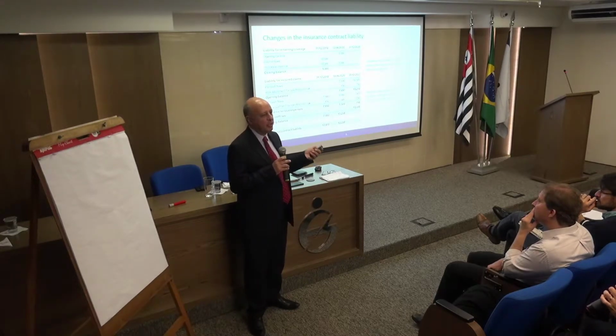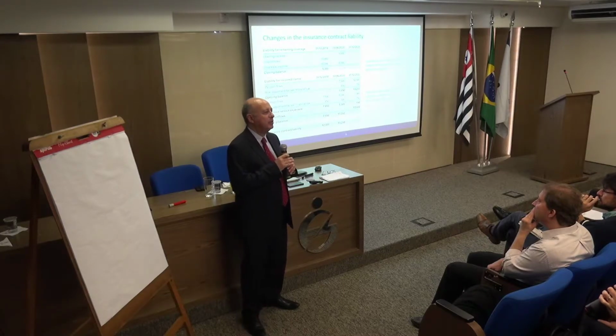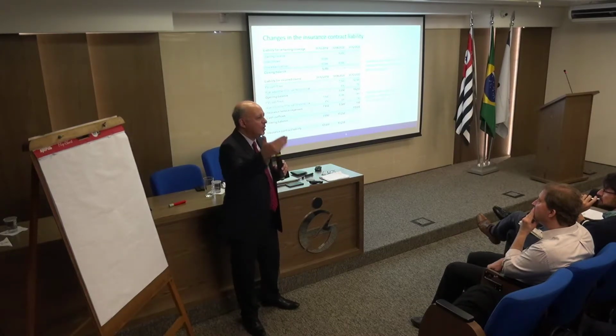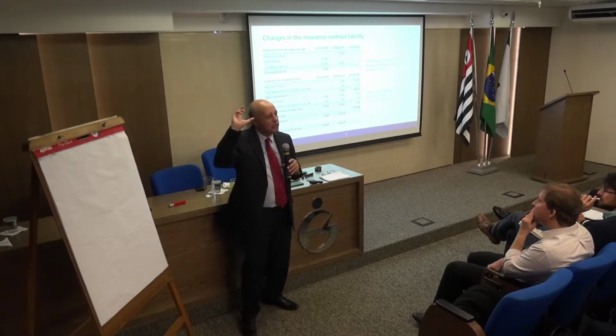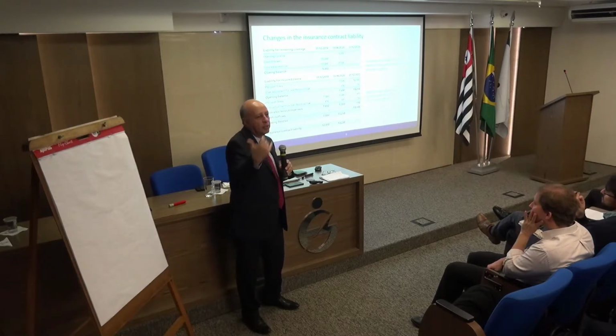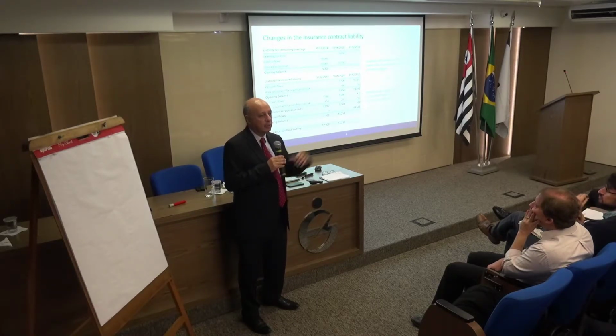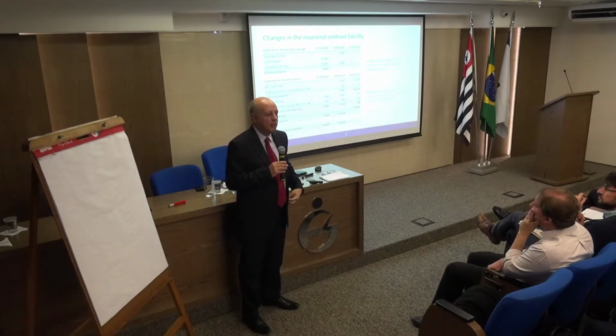So these claims were incurred already by that time. Here I'm not very concerned about that. What I'm doing here, I just look at the premium, and then at the end of the reporting period, I see what are the claims that have been incurred, and what I distribute is the premium. So this is the basis for the calculation.